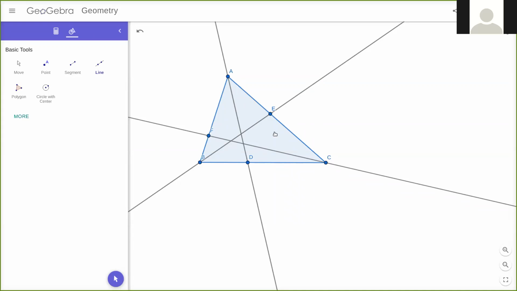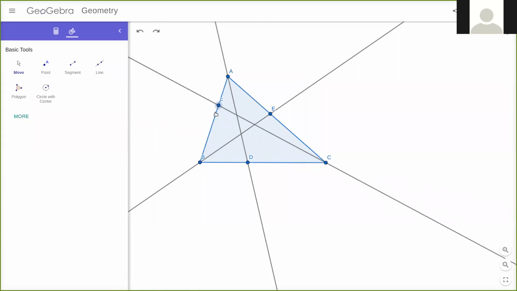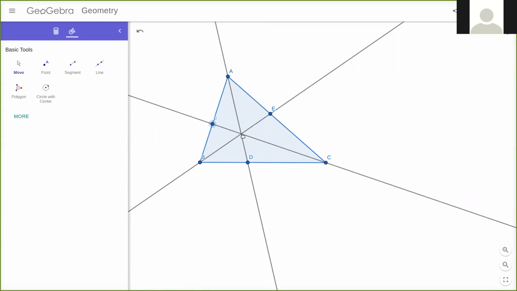And so a question might be to ask, when do these Chevians meet at the same point, like right now? What property do you think holds to make them meet at the same point?